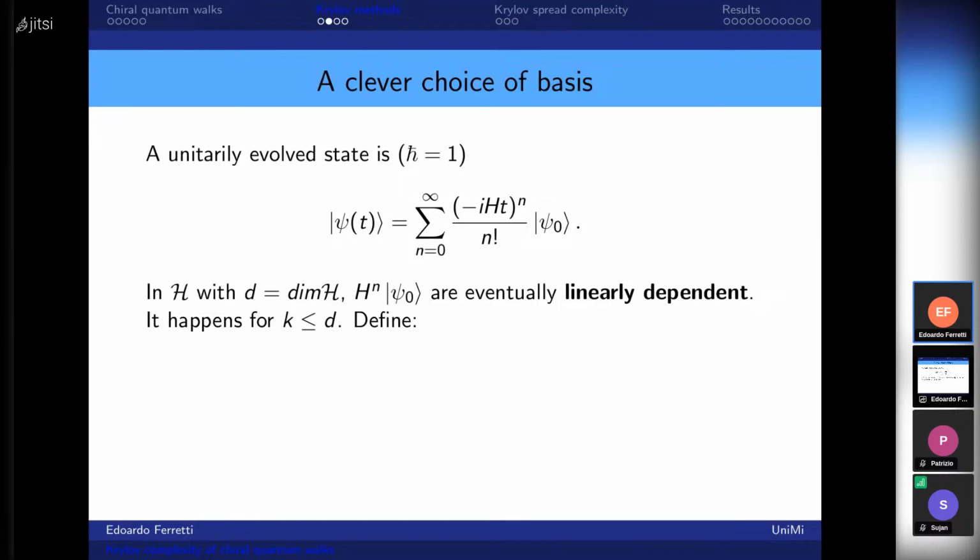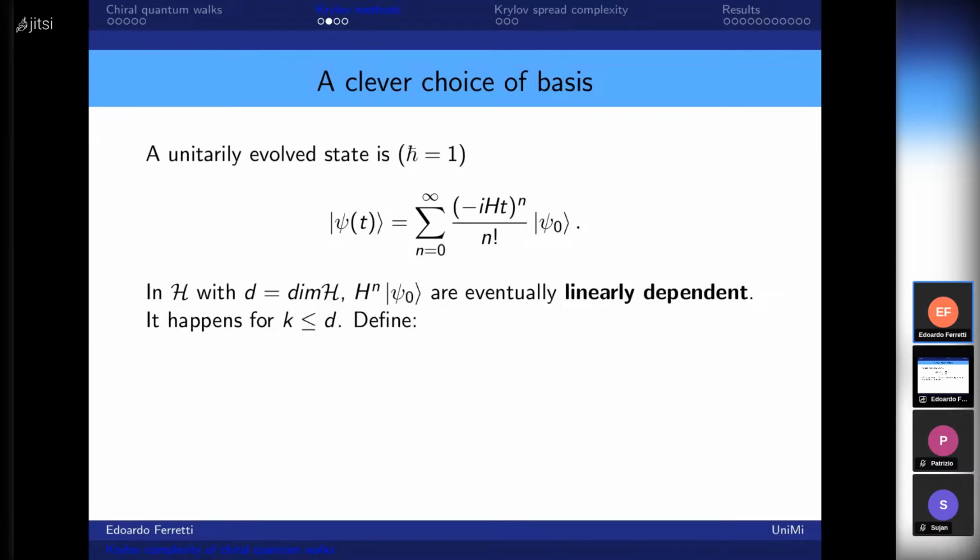But if the dimension of the Hilbert space is finite, then of course these different states will eventually be linearly dependent. So we are basically saying that we are considering more terms in this series than necessary. We can resum it in a more clever way.